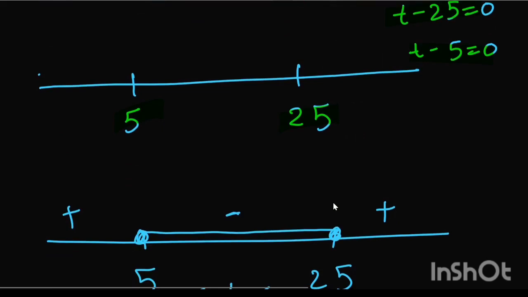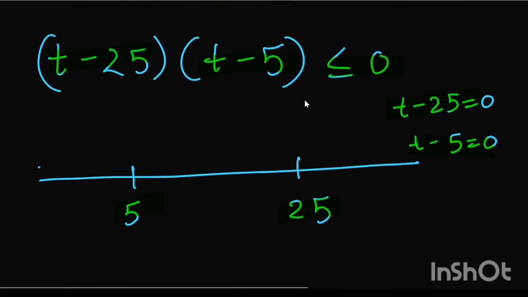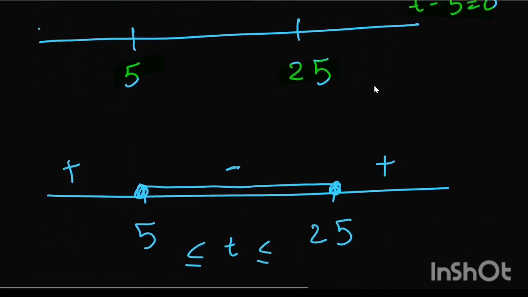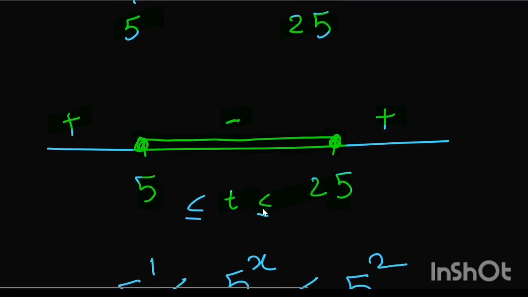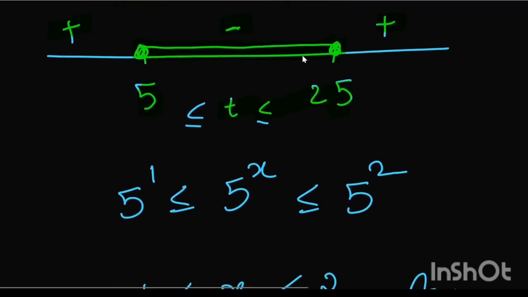Putting plus, minus, plus, the question asks for less than or equal to, so we place a dark circle here, and we take the minus values, so t is between 5 and 25, t greater than or equal to 5 and less than or equal to 25.